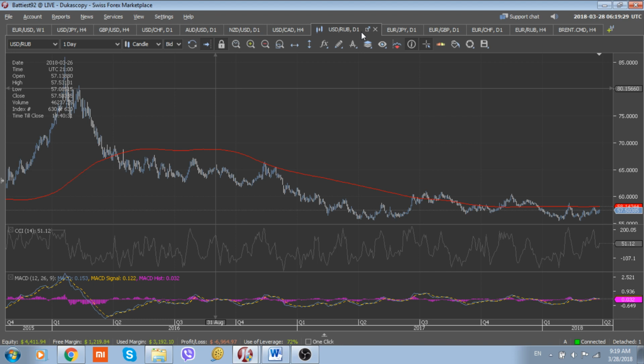Anyway, we still suggest buying a possible retest of the 56 barrier, an undershooting of 56, with a stop below pivotal support of 55.50, and we still suggest that the pair could retest its next resistance around 58.80.